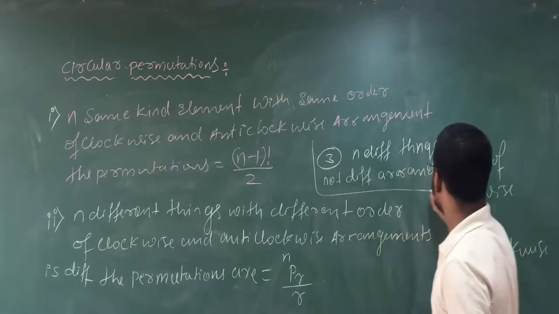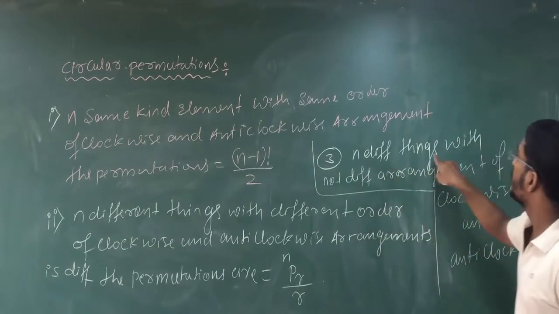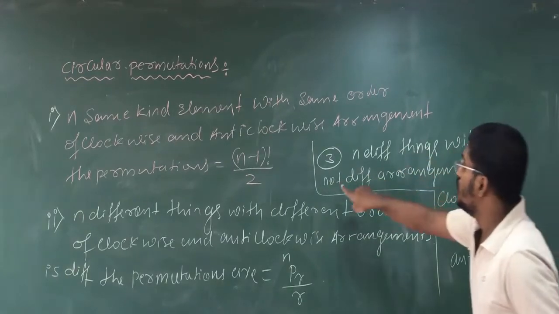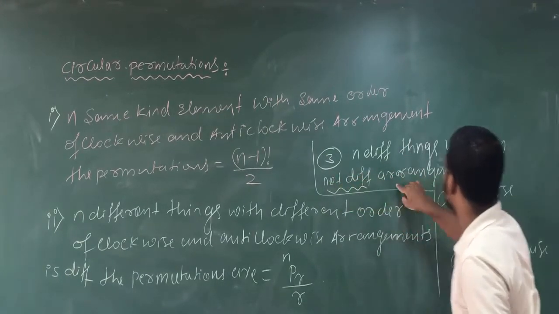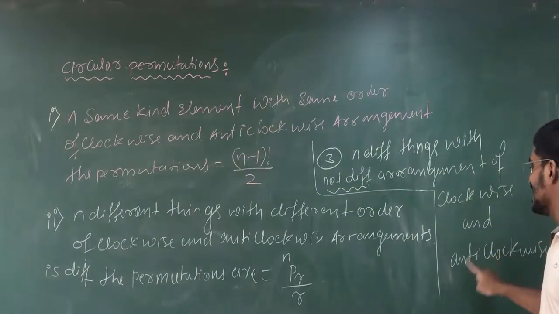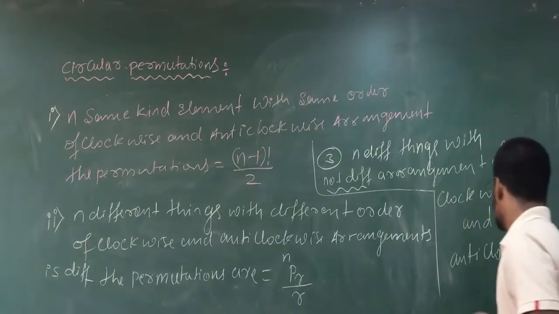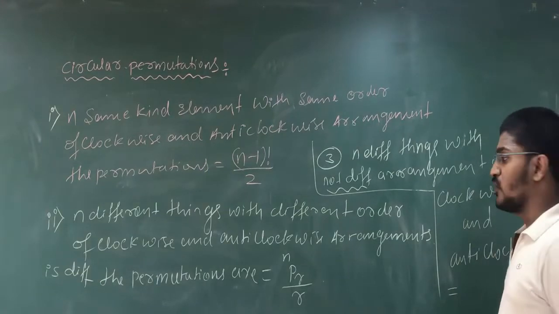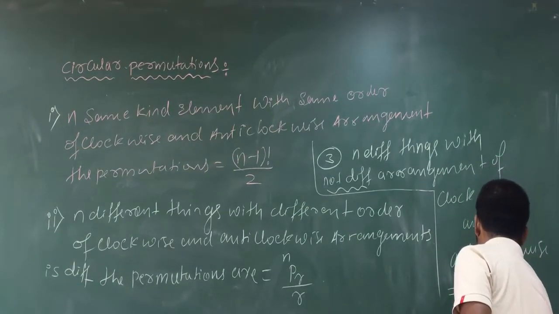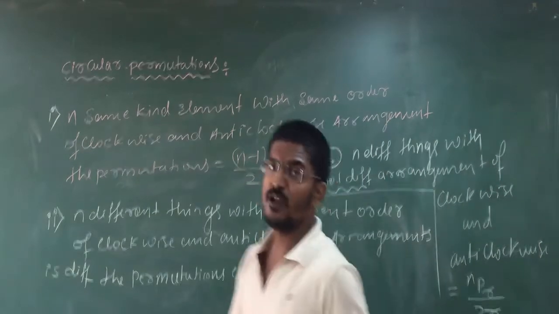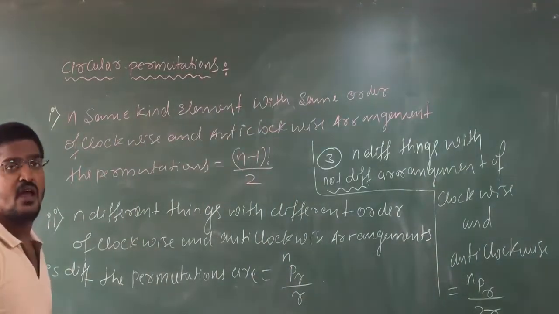See the third one. n different things are taken, not different arrangement, see, not different arrangement of clockwise and anti-clockwise. Then permutations are going to be equal to nPr divided by 2r.